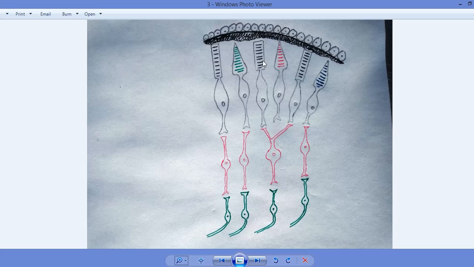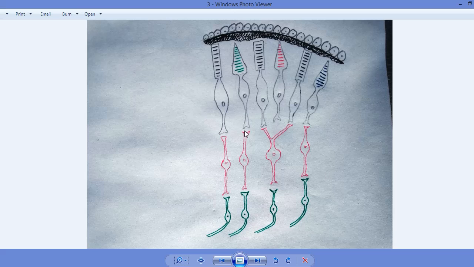When the electric potential reaches -70, what will happen? There will be no secretion of neurotransmitter, and when the neurotransmitter is not secreted, the bipolar cell will automatically be activated, and when the bipolar cells are activated, that will lead to the secretion of a neurotransmitter over here toward the ganglion cell, and that ganglion cell will forward the signal. So the image will be formed over there in the visual cortex.